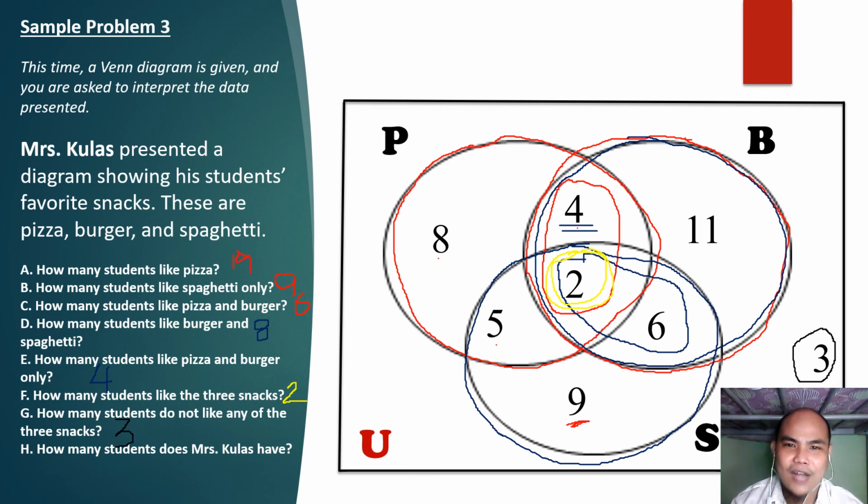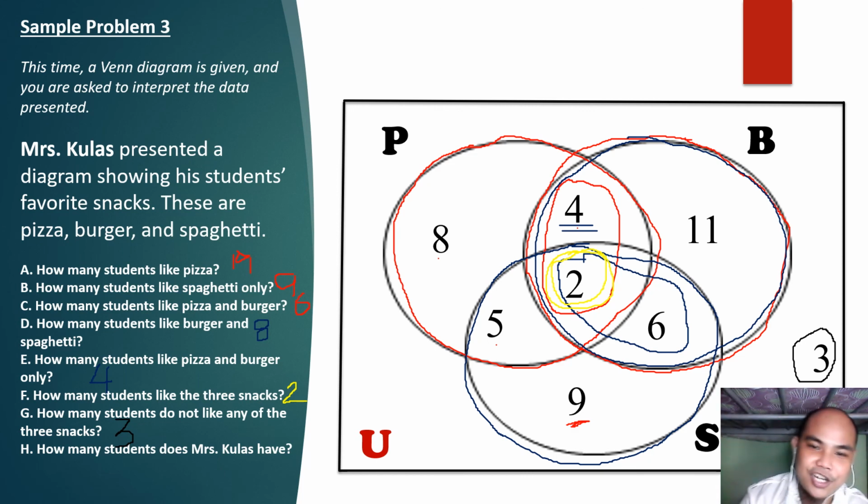Correct. Now last question. How many students does Mrs. Kulas have? All you have to do is to add everything. You are going to add 8 plus 4 plus 11 plus 5 plus 2 plus 6 plus 9 and plus 3.